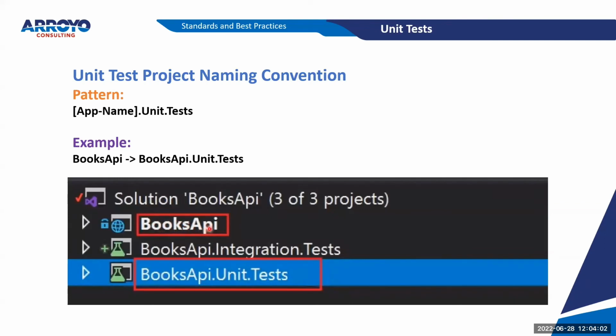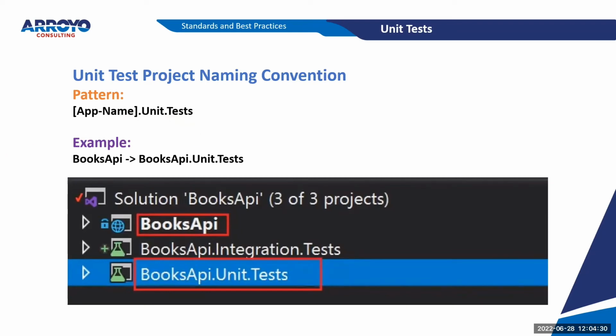That means that if you have 3 projects, you need to create 3 unit test projects, one for each of those projects. And this is the pattern: the application name dot UnitTest.